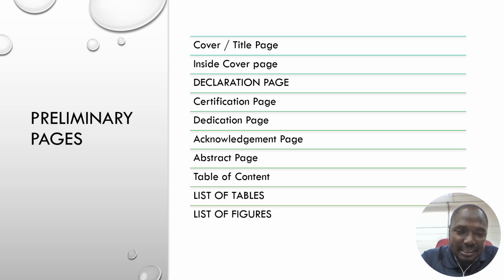Then we have the inside cover page, which is, after you just open, the next page. So we have like two cover pages. One is the outer cover page, then the inside cover page.